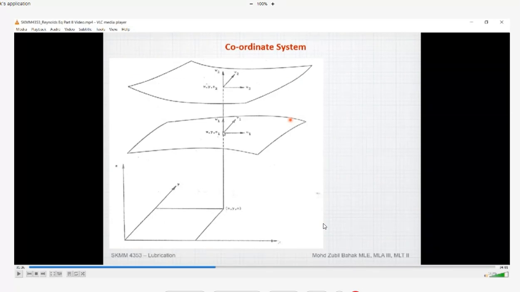Probably we want to put it at z equal to 1, or probably at z equal to 2, or probably somewhere in between. So what will be the equation created when we move the location of the original axis? That will be discussed in video number 3.